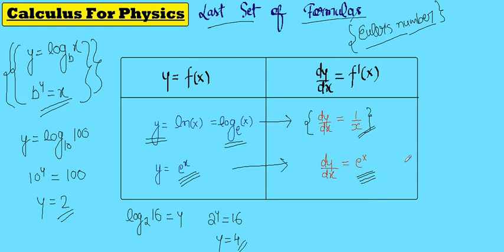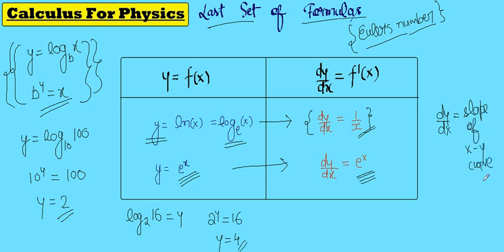The logical thing to say here is that for the graph of e raised to power x, the slope of the graph at any point is equal to the value of the graph. Can you understand that? Remember, dy by dx was the slope of the xy curve, right?